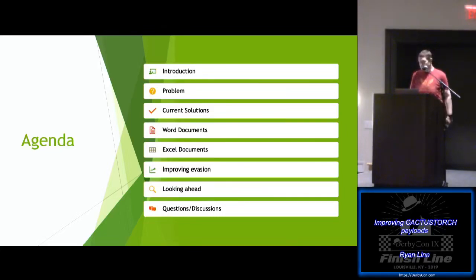So really what I'm going to talk about is an introduction for people who may not be familiar with CACTUSTORCH, what sort of problems it's solving, and basically how it works, to see where we started. And then I'll look at some of the new stuff that I've been building to really help with evasion, and also to add some additional features and lots of different types of ways to get new shells.